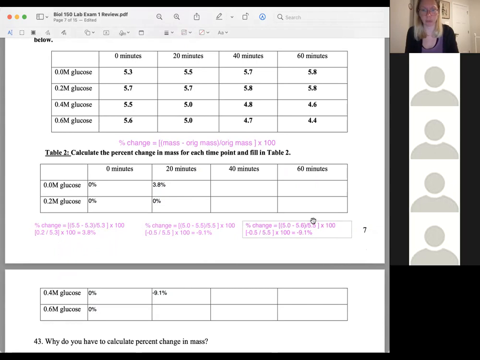So very similar to what we just calculated. So we know it's going to be a negative percent.